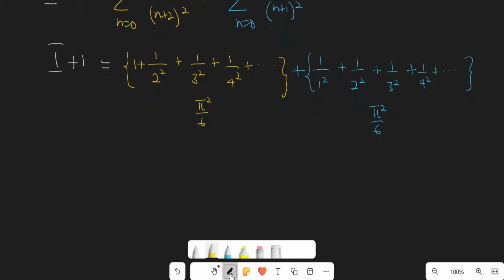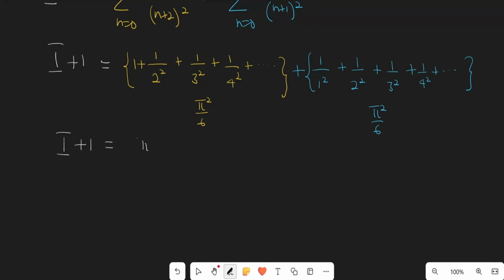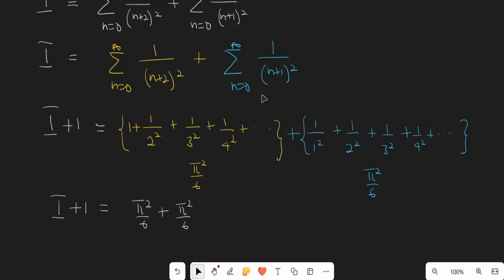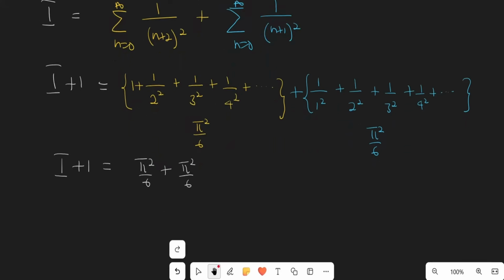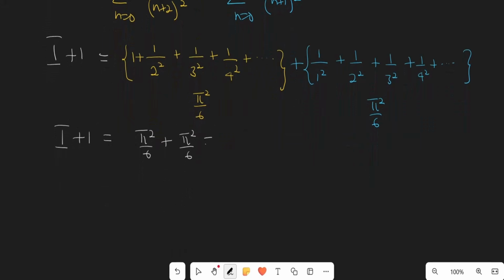So when we do that, then our integral now simplifies to I plus 1 on the left hand side, and this is equals to pi squared over 6 plus pi squared over 6, right? Now this is equals to 2 pi squared over 6, and that is equals to pi squared over 3.